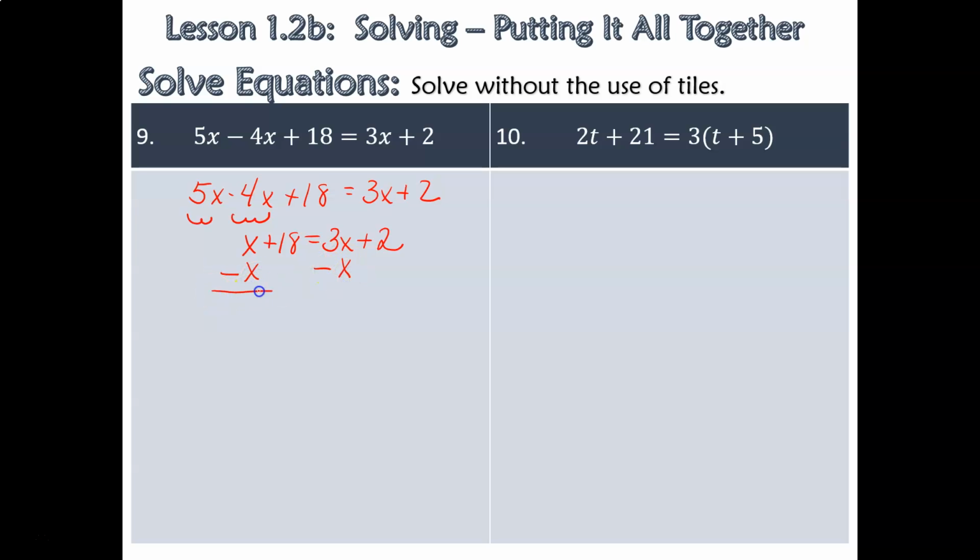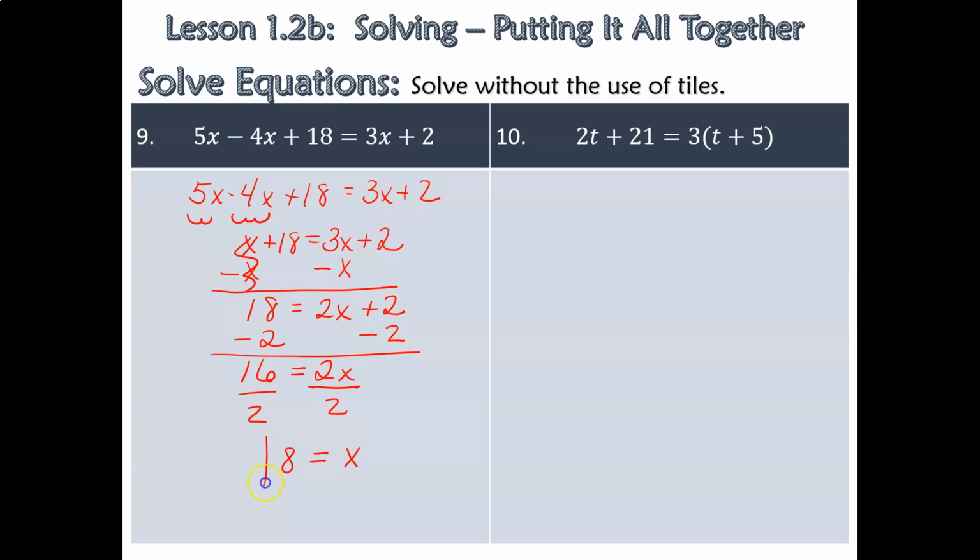I can also subtract 3x, and it would put me in the same place. I have 18 equals 2x plus 2. I'm going to undo adding 2 by subtracting 2 from each side. So I have 16 equals 2x. And when I divide by 2, x is equal to 8.